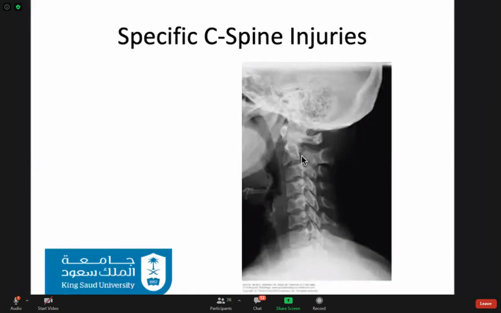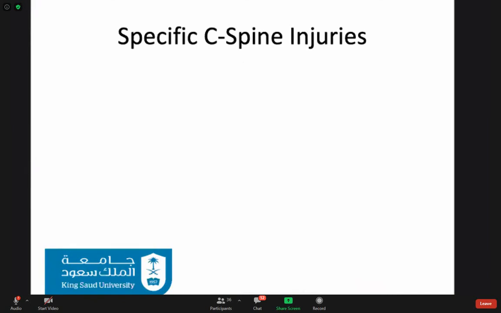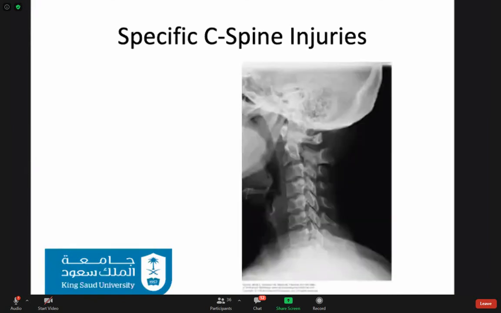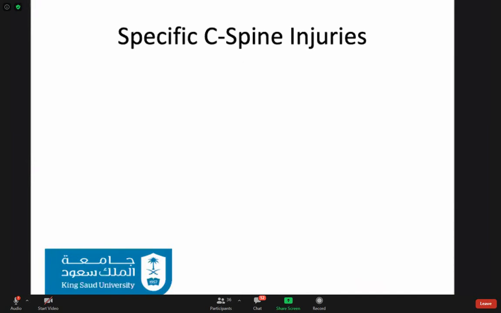Fractures in C2, so that's a hangman fracture. They call it hangman because it typically happens in patients or victims who commit suicide or get hung, so by hanging. And then the Jefferson is C1. Typically it's a C1 burst fracture.